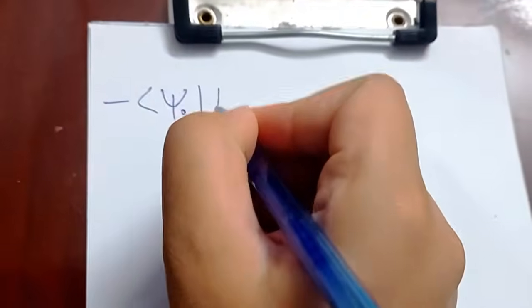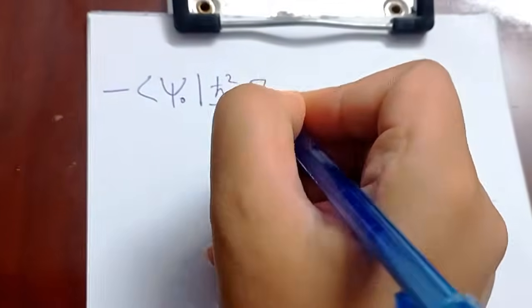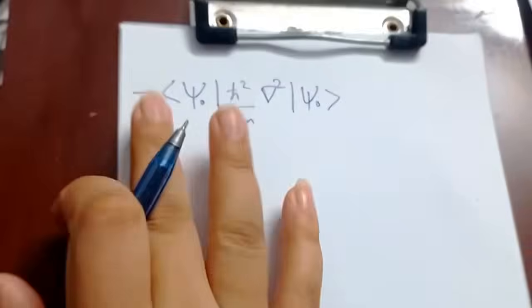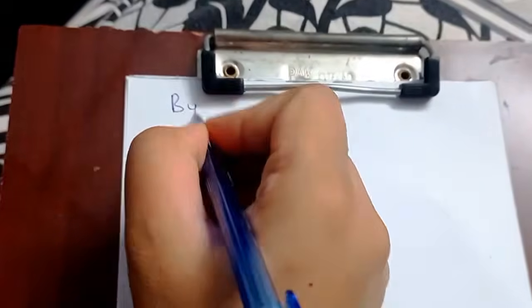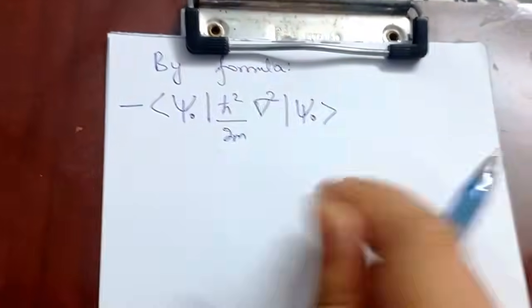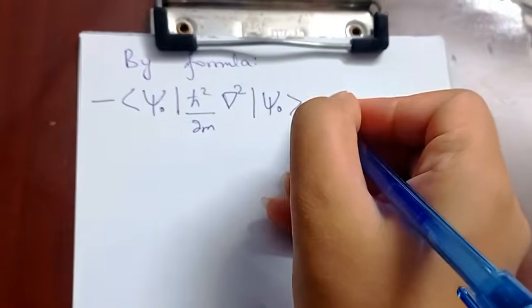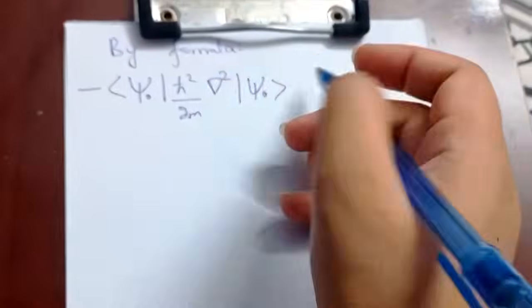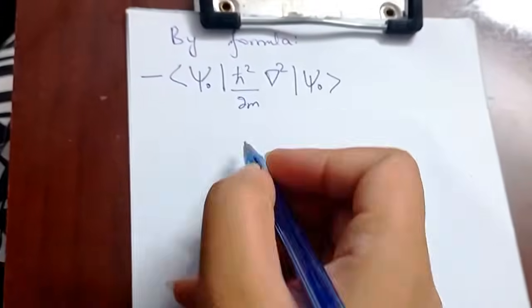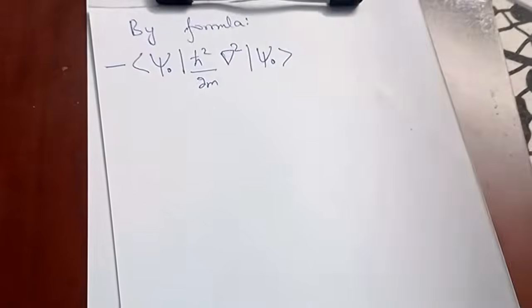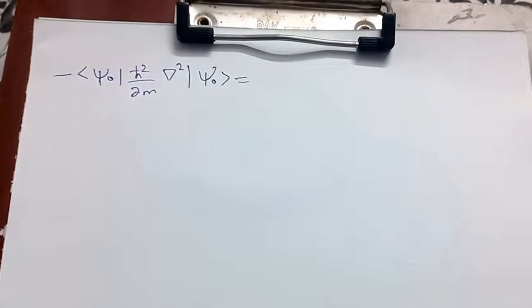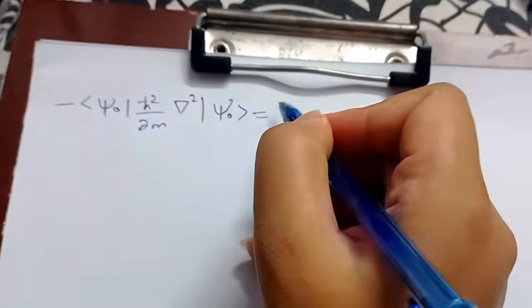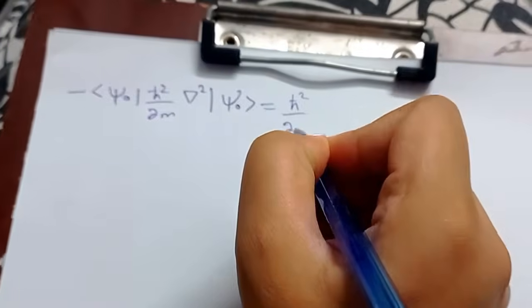Including this negative sign, by formula, this thing is equal to, since it's a lengthy term, okay, so let's continue. That is equal to taking h cut square by 2m outside.